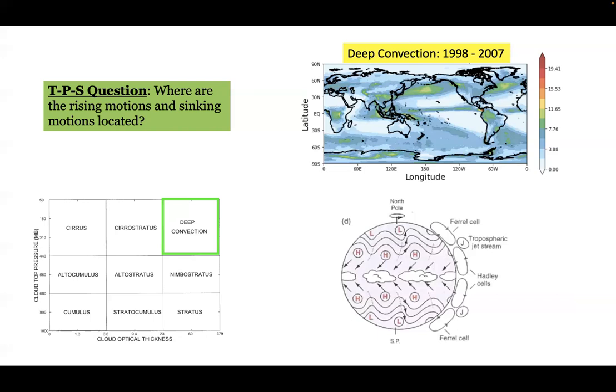That needs further investigation. It falls into deep convection just because the retrieved optical thickness is very high, higher than 23, and its cloud height is higher than 440 hectopascal. So it falls into that category. But whether it is really convected from the surface needs to be investigated. So how about that for now?